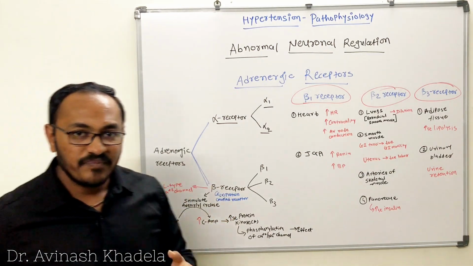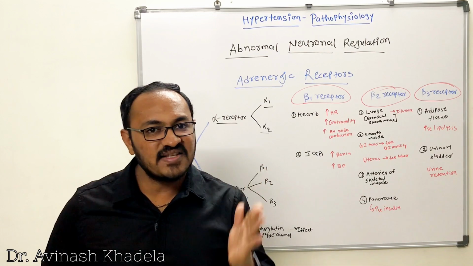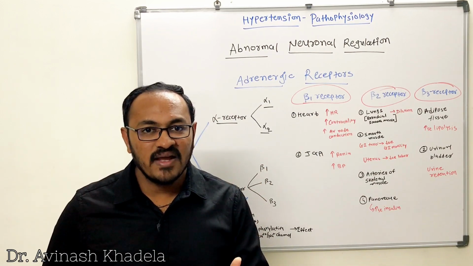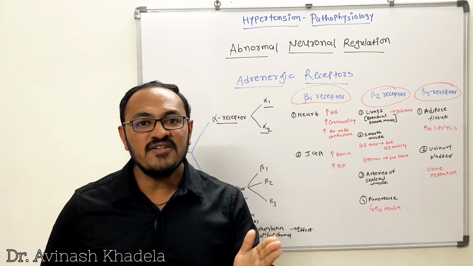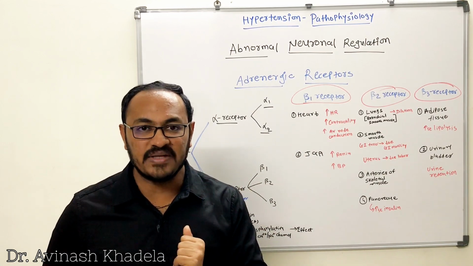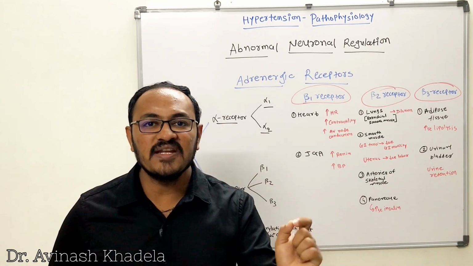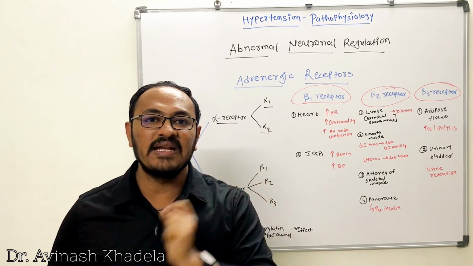So in this video we had discussed about adrenergic hormones, how they are synthesized, how they are released, and then how they bind to the adrenergic receptor, and when they bind to the adrenergic receptor, how different adrenergic receptor works, via which mechanism they work, and their physiological action.